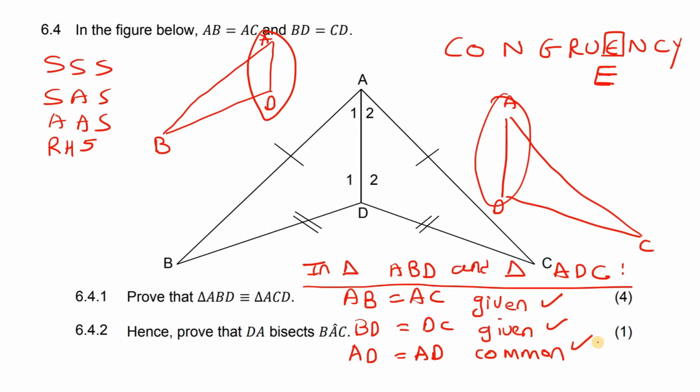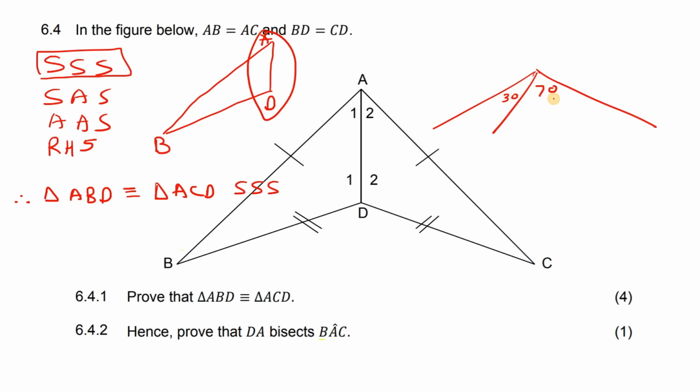If we have a situation like this, and here we've got an angle 30, and here we've got an angle 70, then does this line bisect this angle? Well, no, because the word bisect means to cut in half. So these two are not the same.